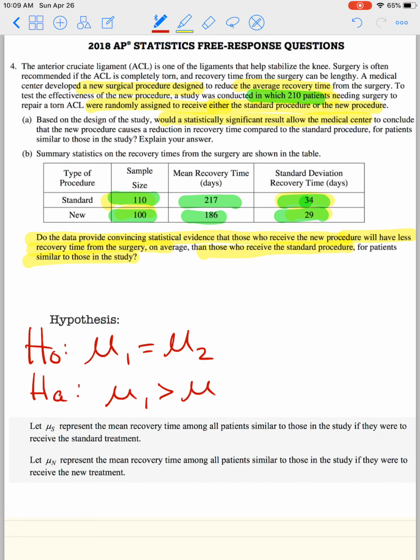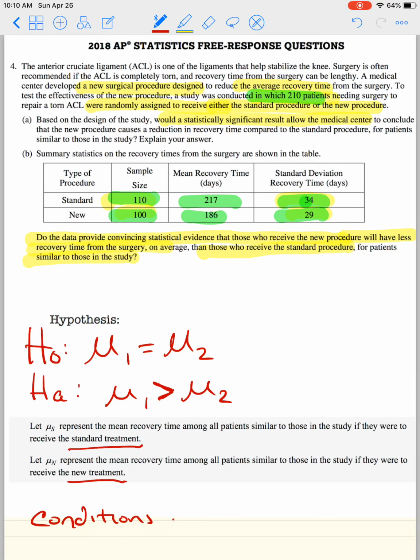I'm going to say greater than, where mu1 represents the mean recovery time among all patients similar to those who took the standard treatment, and mu2 is the new treatment. Remember, the standard treatment has to be more than the new treatment.